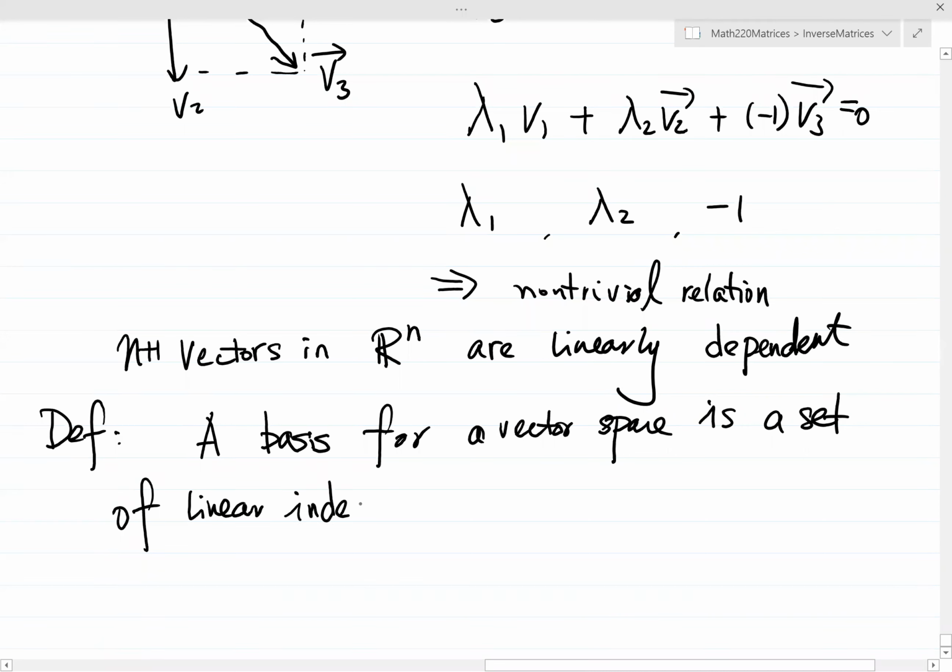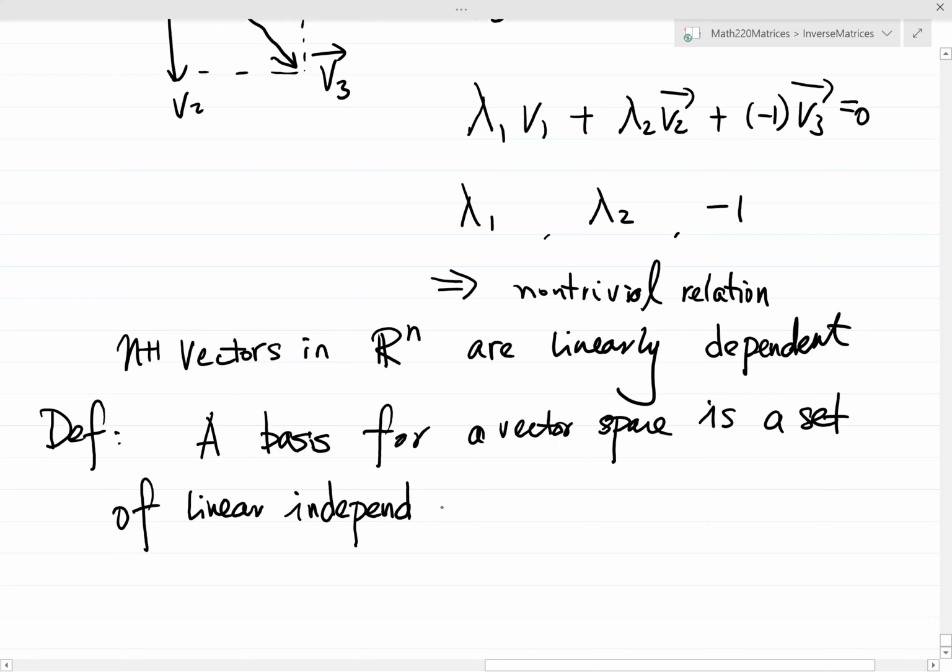If we have too few vectors, they span too small a space, so this does not form a basis. If we have too many vectors, then there may be relations between them, so there is redundancy, and this is not a basis.